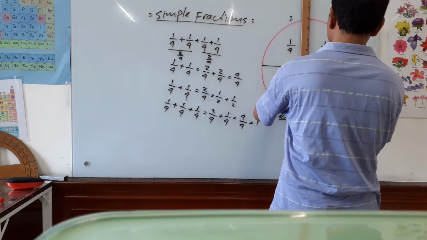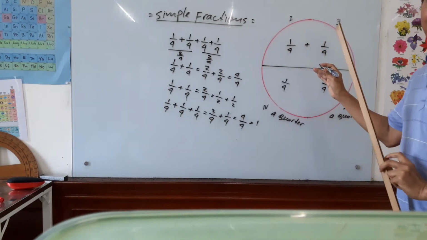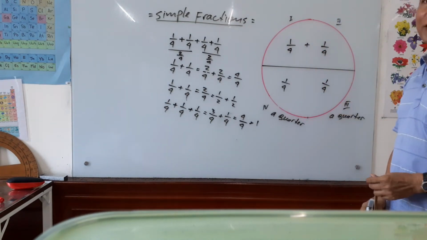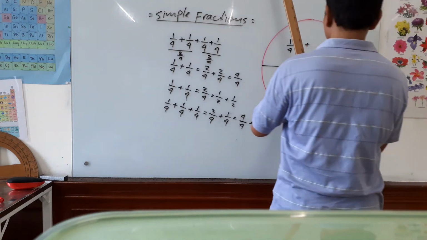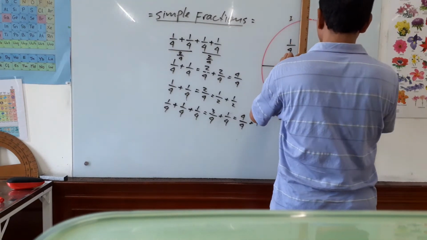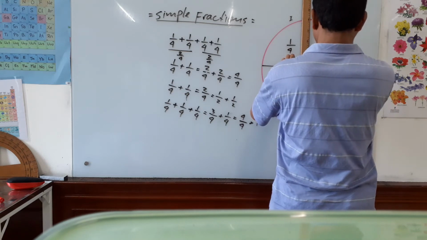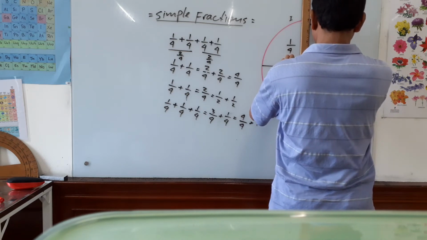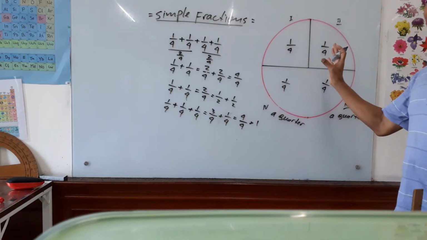They divide it again. So this half divides into 2. If we divide this into 2, then we will get, see, now we get a quarter.